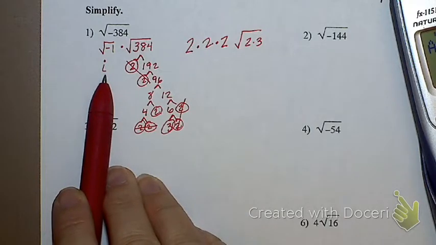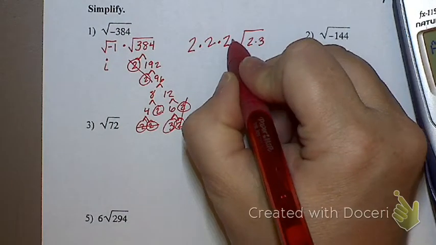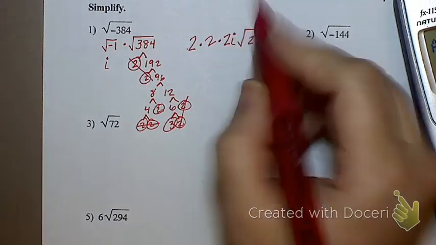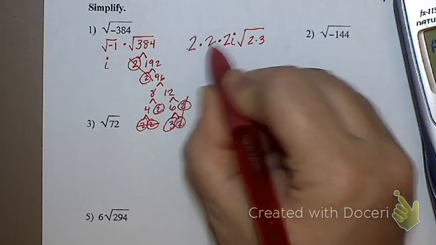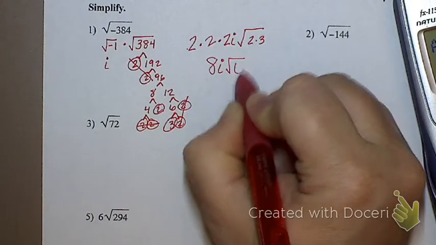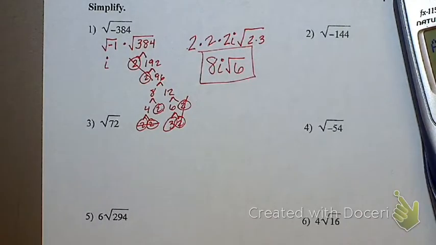It's outside. It always goes after the number. So 2 times 2 times 2 is 8. So I have 8i radical 6, and that's my answer. So it only changes what we're doing just a teeny tiny bit.